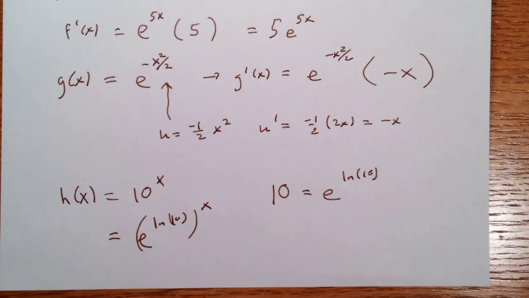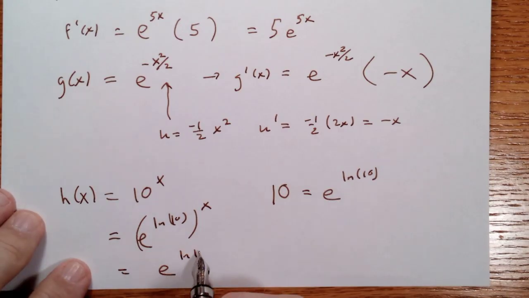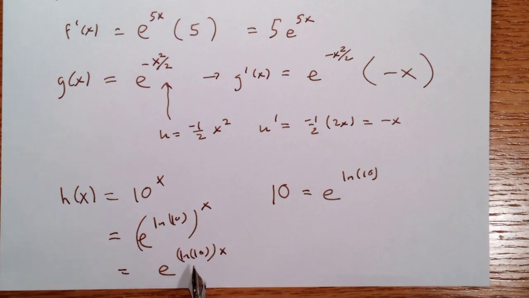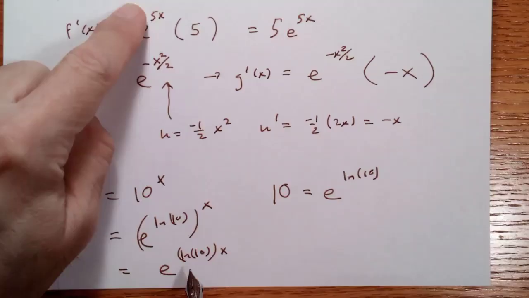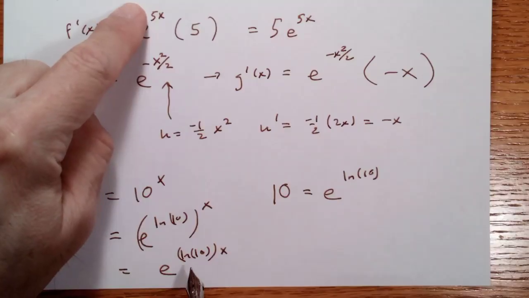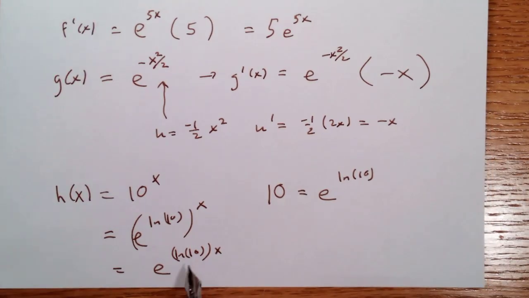Powers inside powers get multiplied. So this becomes e to the ln 10 times x, but that's a number. So's 5. We know how to do e to the 5x. That means I know how to do e to this ugly number x.